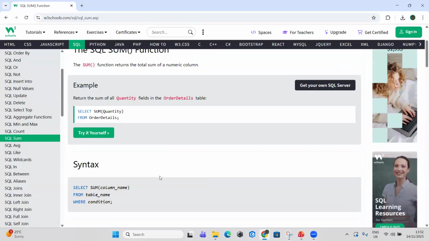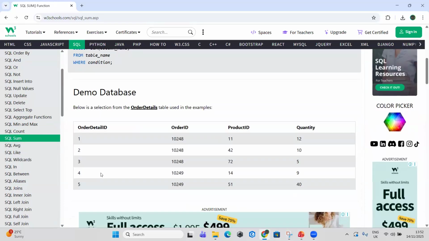Then you have the sum. So in sum, you add everything inside the rows.